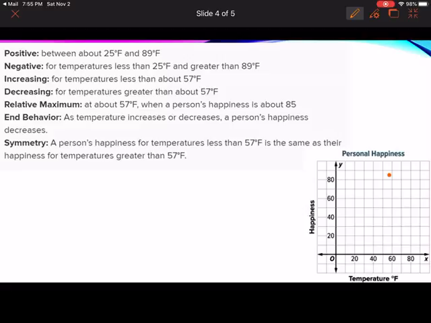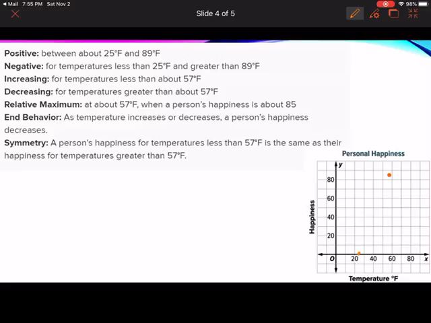So here's the same thing, kind of. So we have happiness on the left side and temperature on the x-axis. So it says it's positive from about 25 degrees. So if I look, 25 degrees is right about there. So that means there's going to be a point there. And 89 degrees.